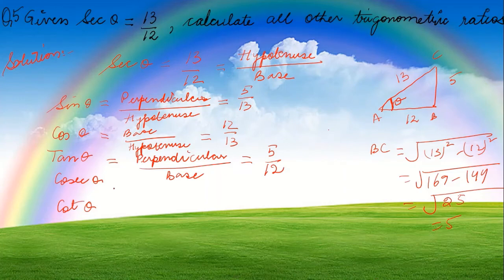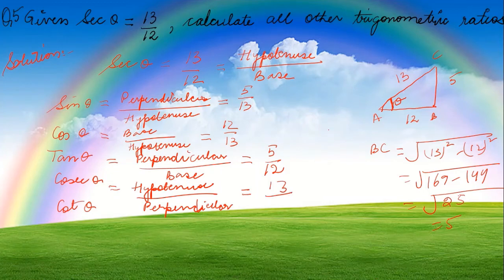Now for cosec theta, it is opposite of sin theta. So it will be hypotenuse upon perpendicular. So hypotenuse is 13 upon perpendicular is 5.